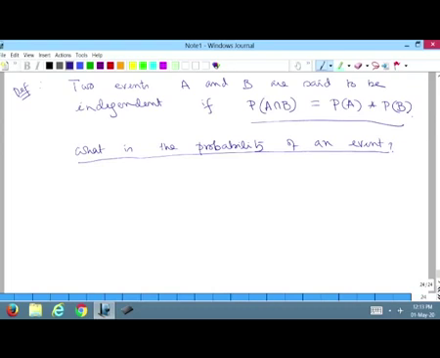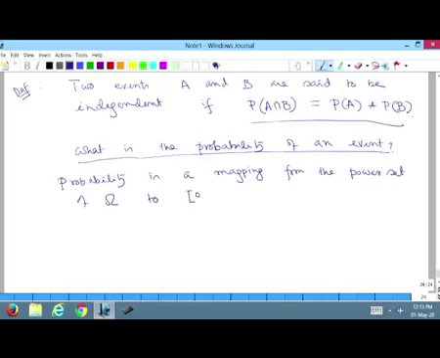So, probability is a mapping from the power set of omega to 0, 1.